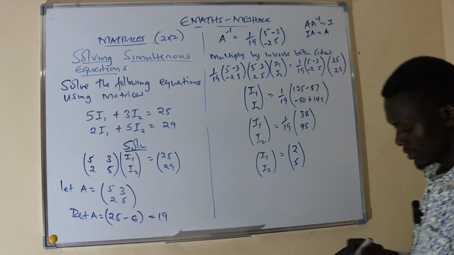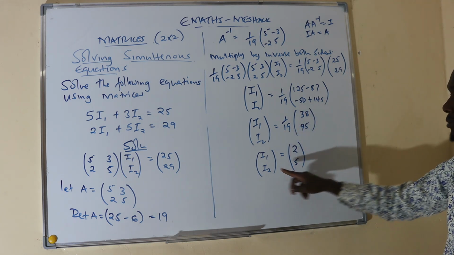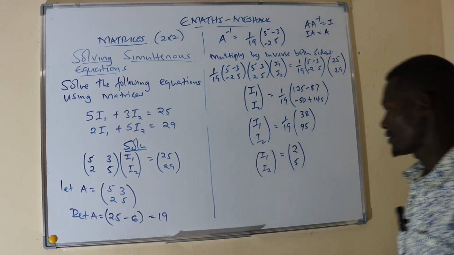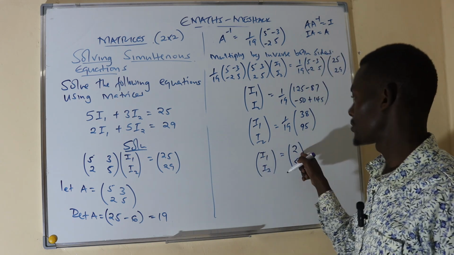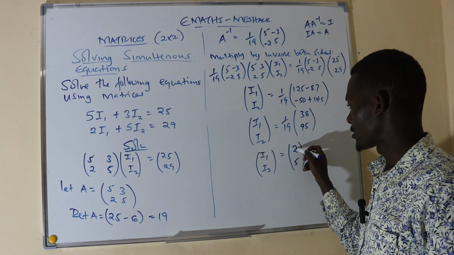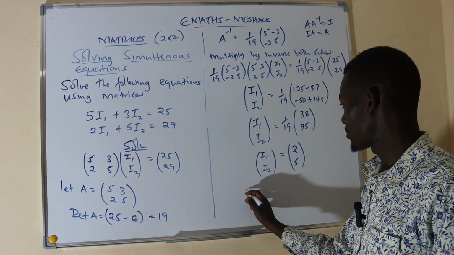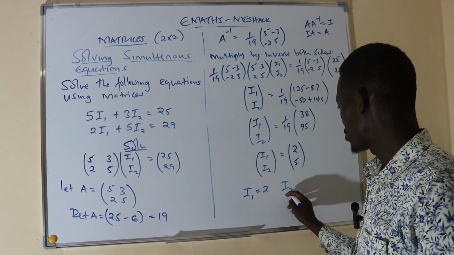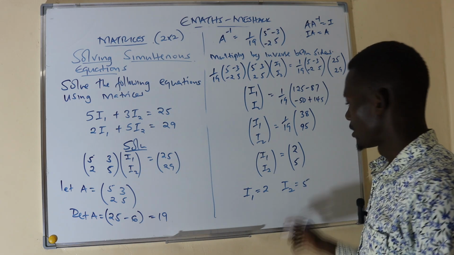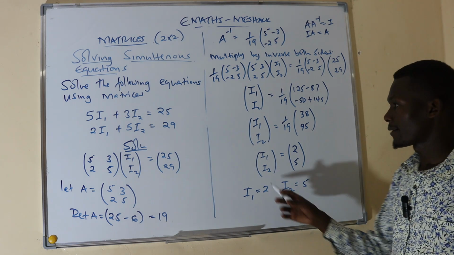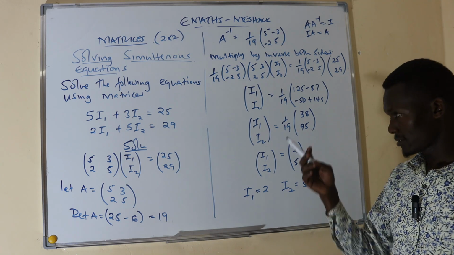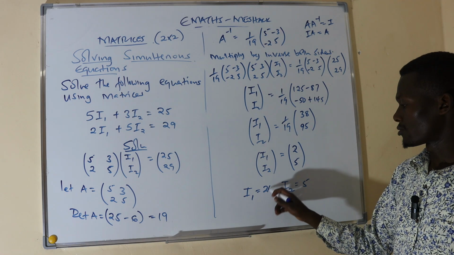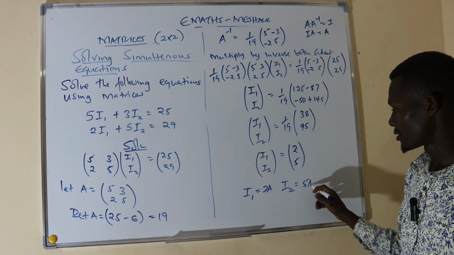So when we open this up, we have I1 equals 2 and I2 equals 5, because the top value is the same as the top value here, and the bottom element is the same. And since we are using currents, because this is electrical, we shall put the SI units.